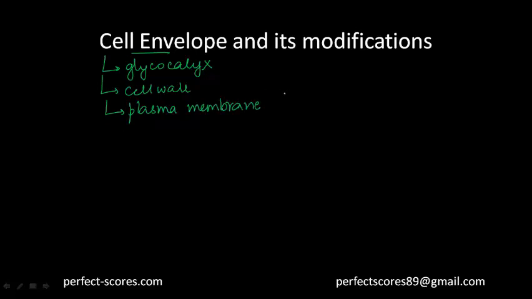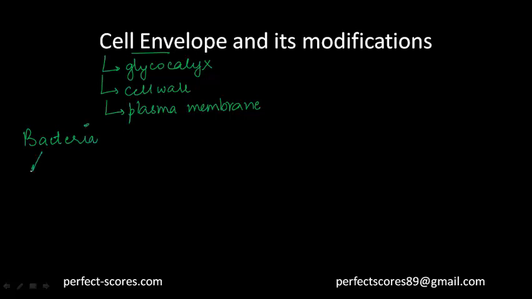Now, although each layer performs a distinct function, together the three of them act like a protective unit. Now, bacteria can be classified into two groups on the basis of differences in this cell envelope and the manner in which they respond to a Gram test. So, bacteria can be identified into two types.